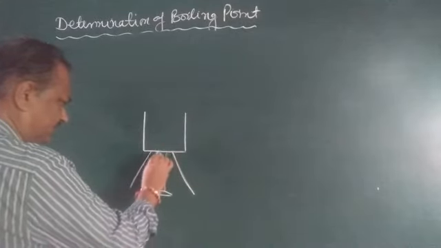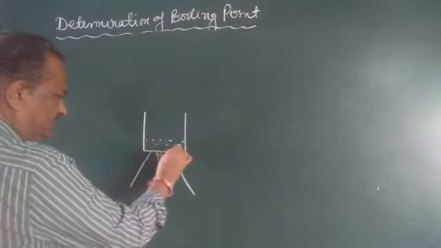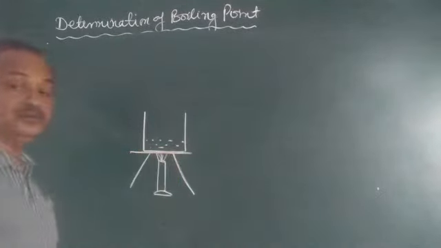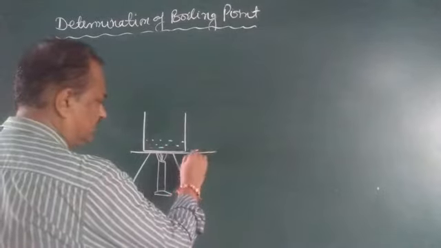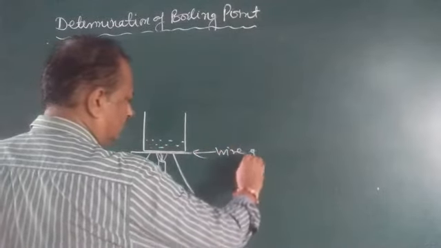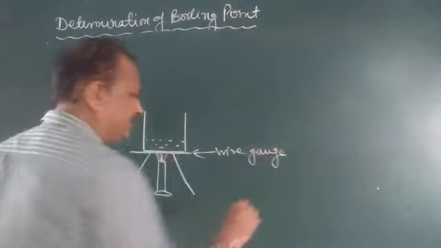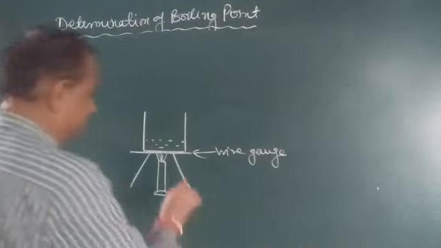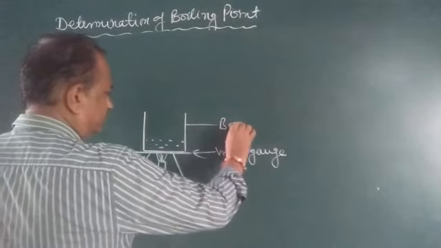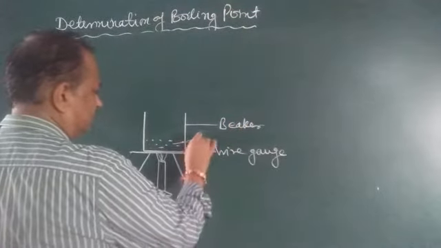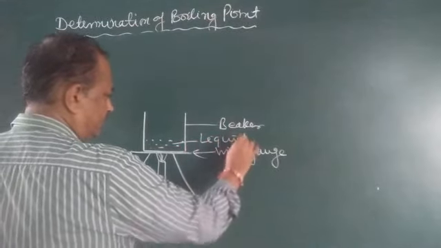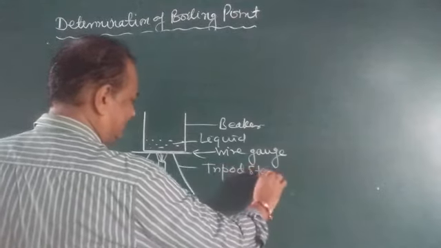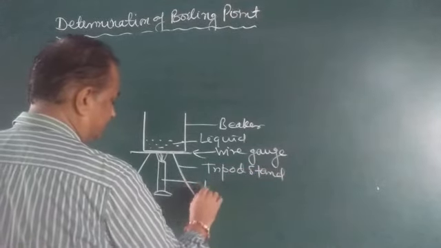The flames are coming, and here is the liquid, and the beaker is placed on a wire gauze. Wire gauze is just a wire mesh. I will show you sometime. This is the beaker. This is the liquid. This is the tripod stand. This is the burner.